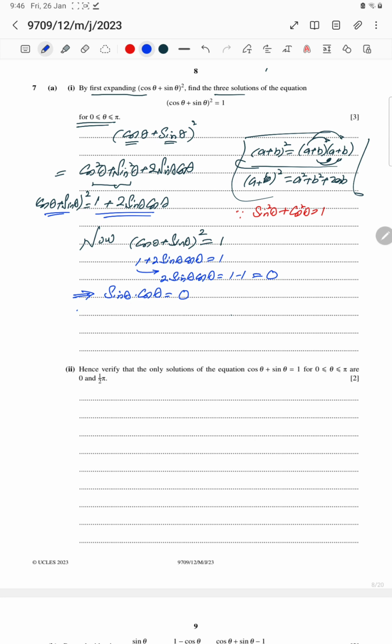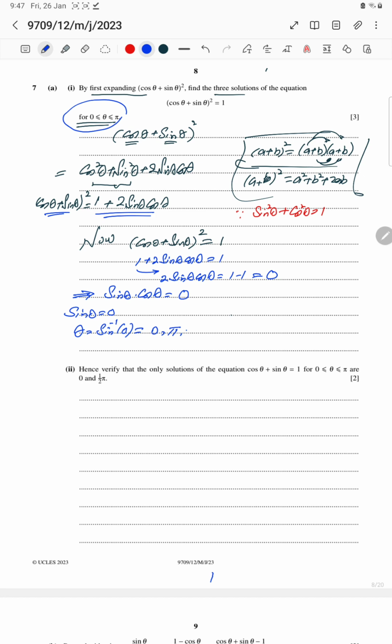So this gives us different solutions. Once sin theta is equal to 0, theta will be sin inverse of 0, and with the help of a calculator we can get the values of theta, which can be 0 and pi, even 2 pi and so on, but we will not proceed beyond the given domain.